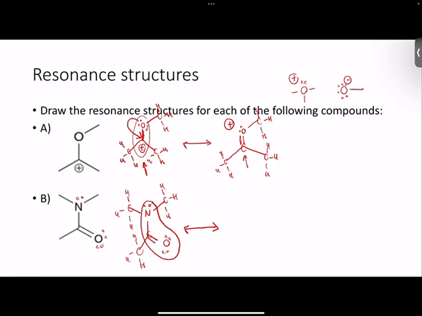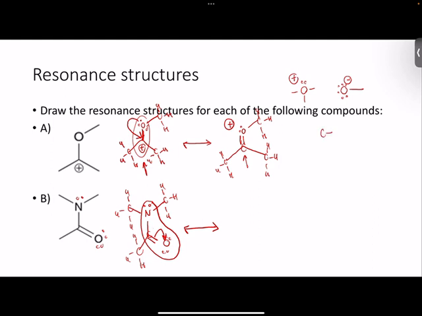So then what can we do? What I would recommend for this problem is that we have lone pairs and then we have a double bond. So what I would do is break this double bond and put it on that oxygen, and then if we do that, our carbon is gonna have a positive charge, right?